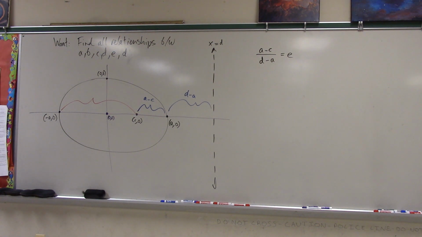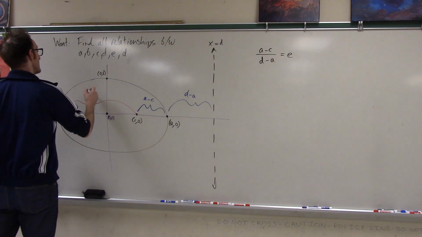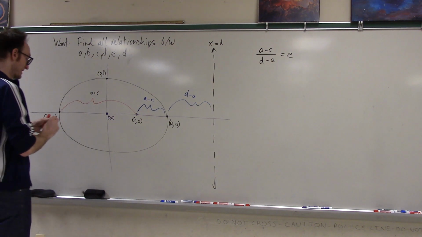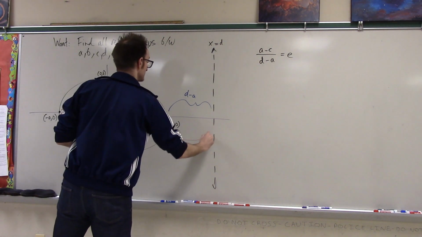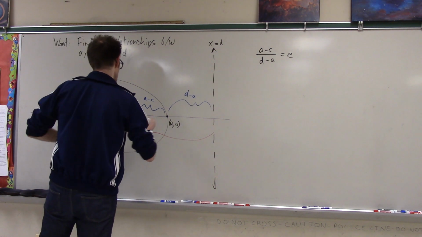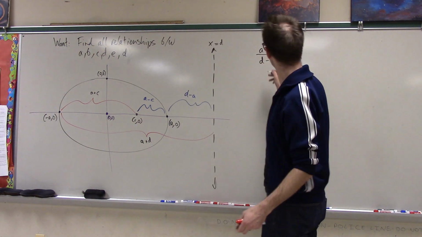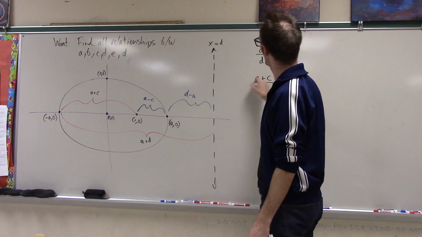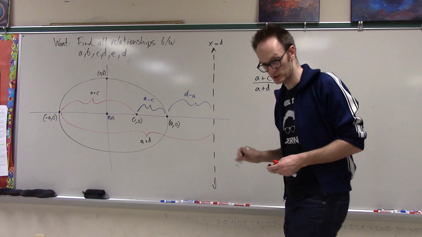Here, the distance from this point to the focus is A plus C. And the distance to the directrix, this is going to be quite a big distance. That's going to be A plus D. And so from this I get my other equation, which is that A plus C over A plus D also has to be E, the eccentricity.